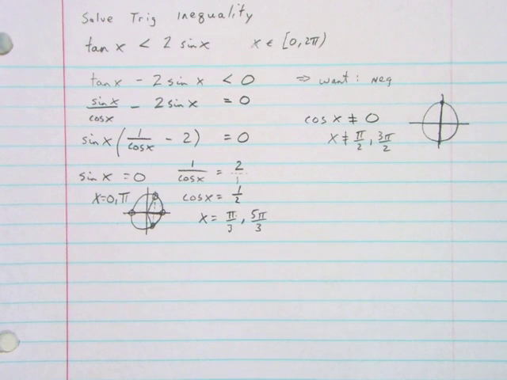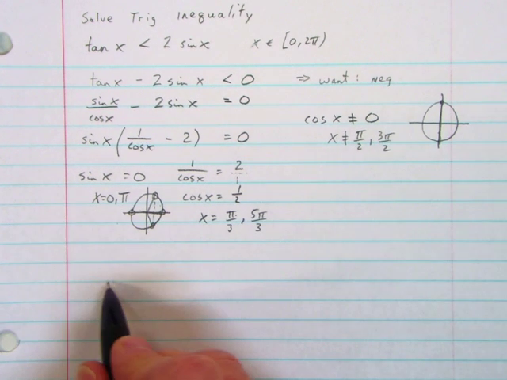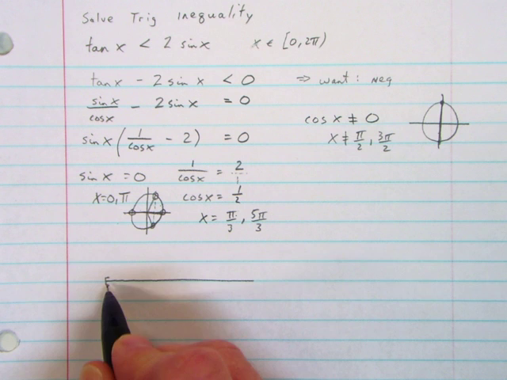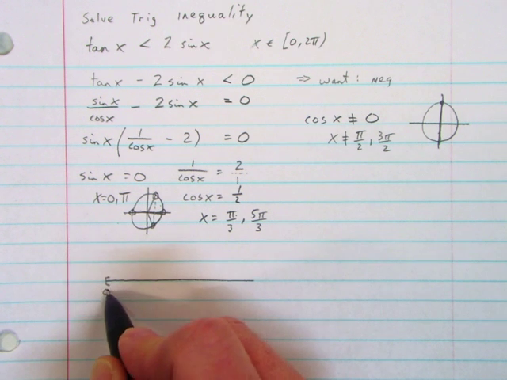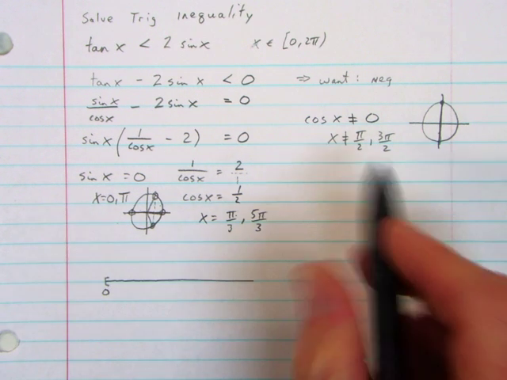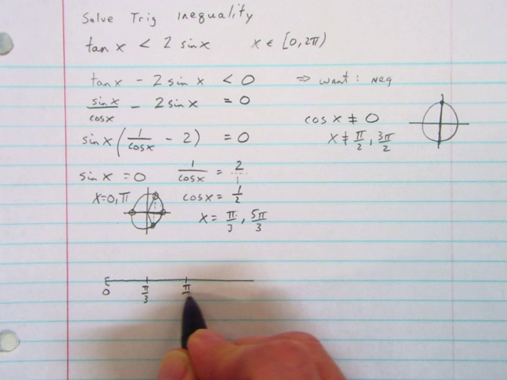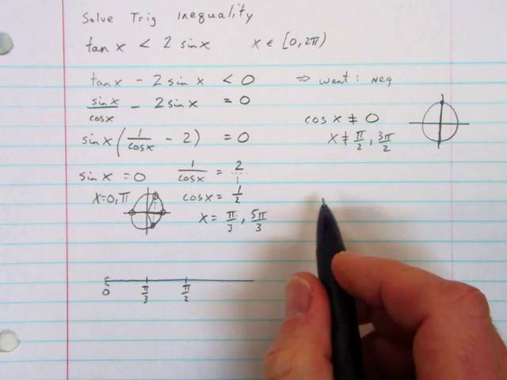Now we're ready to set up our number line. And remember, on our number line we have to include all the zeros as well as our undefined values. That's where this one's going to come into play. So we'll have 0, pi over 3, pi over 2. We're just going to put them all in order.